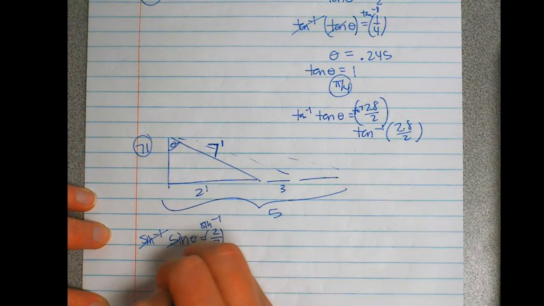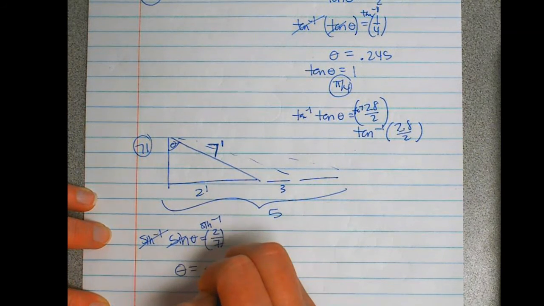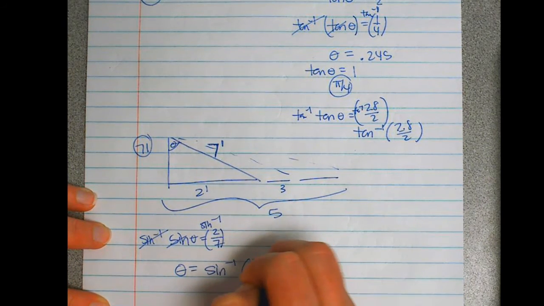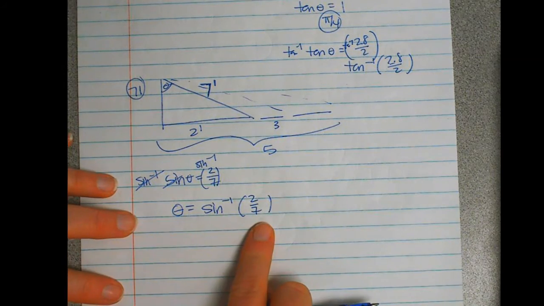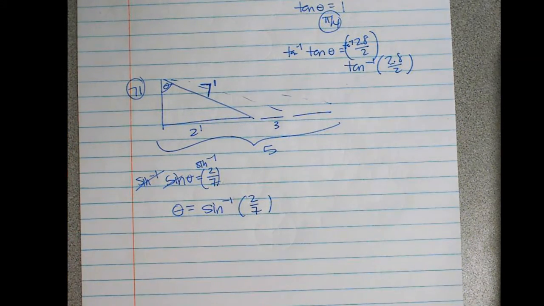That looks like theta equals, and then the calculator, sine inverse of 2 over 7. Or in a non-calculator problem, you just leave it here and say, well, I can't find it because I don't know 2 over 7. That's not on my unit circle. So this is why we need the inverse functions, so we know how to put it in our calculator.